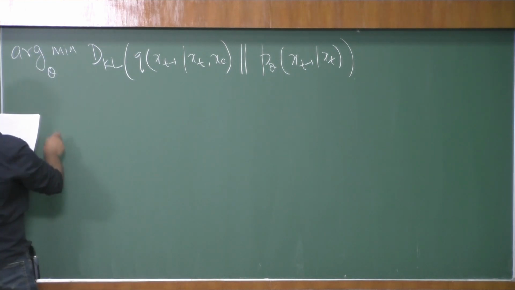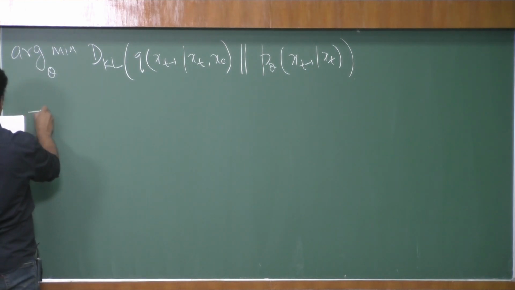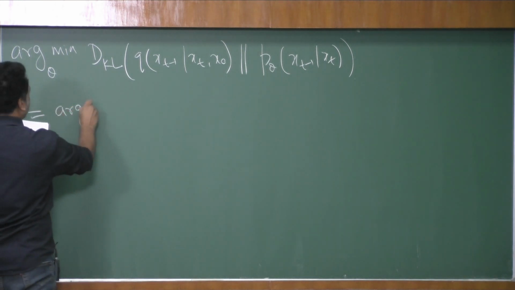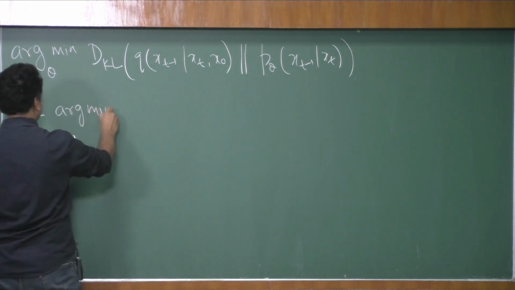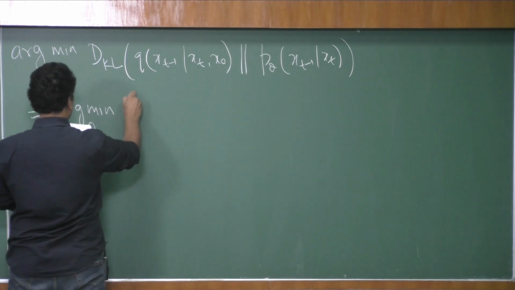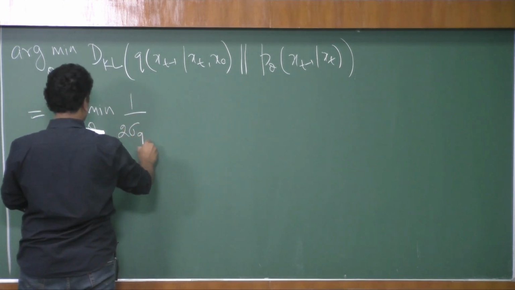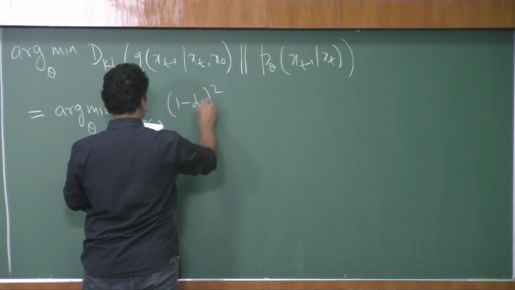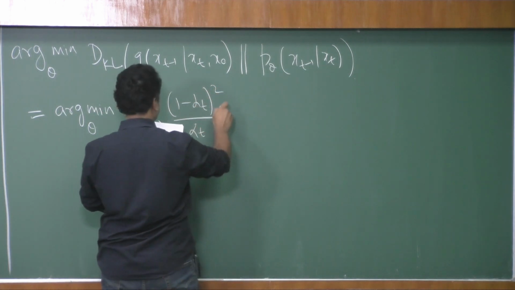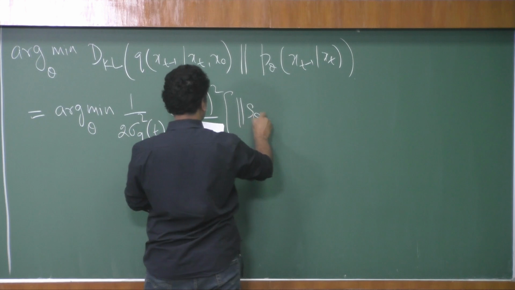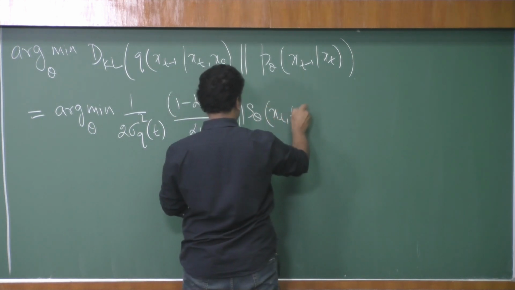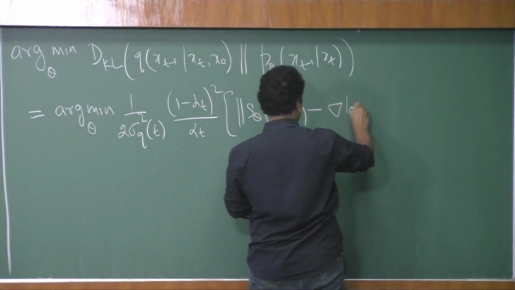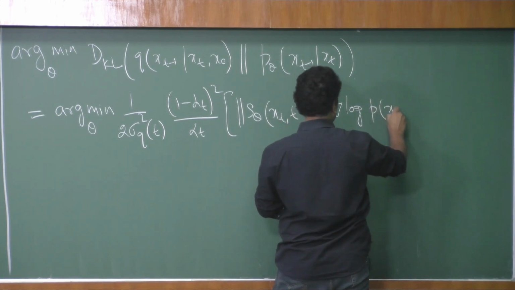So then we derived this in the last class. Obviously, I'm not going to derive this again. So this arg min is equal to, eventually, with this choice of our x naught, 1 by 2 sigma q squared t times (1 minus alpha t) squared divided by alpha t times the norm squared of s theta of xt, t minus grad log of p(xt).